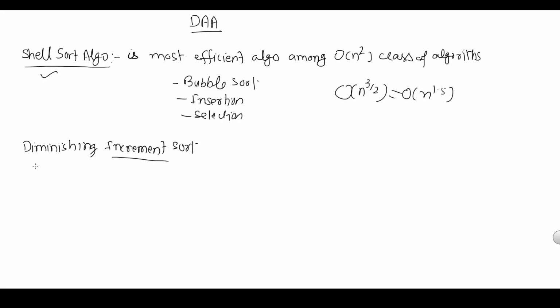Shell sort algorithm is also called comb sort algorithm. This shell sort algorithm in each pass sorts the numbers which are at equal distance.